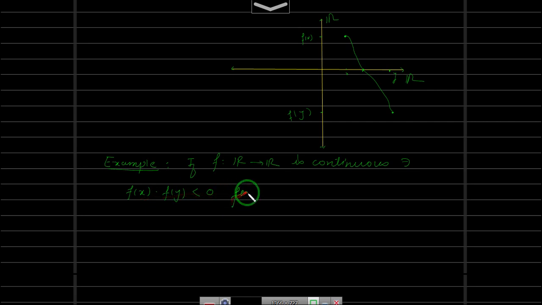This happens for some points x and y in the domain. Then there will be a point z belonging to R such that f(z) equals 0. That means there is a point in the domain which is mapped to 0, because 0 will be in the closed interval between f(x) and f(y). Okay, this completes this simple observation.